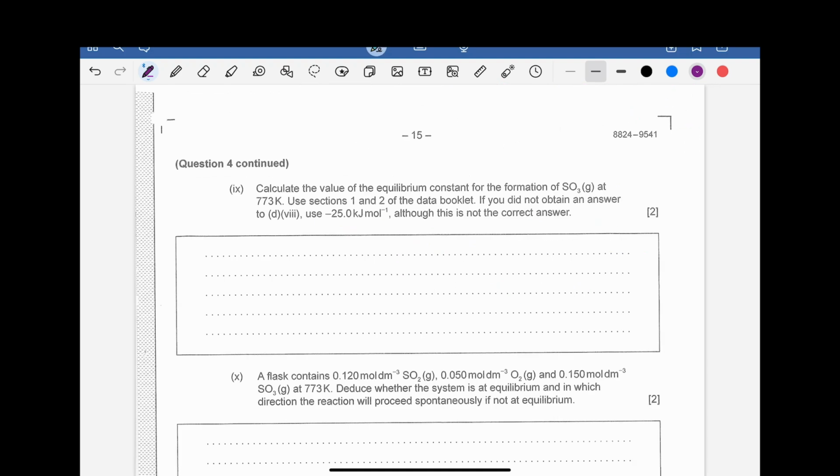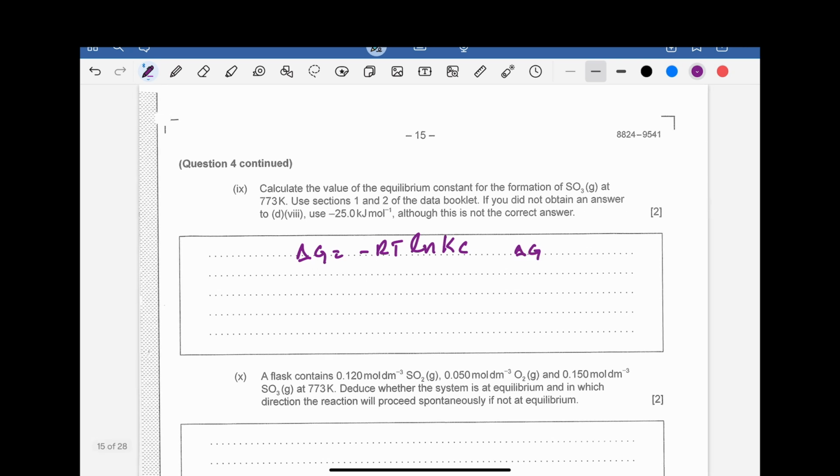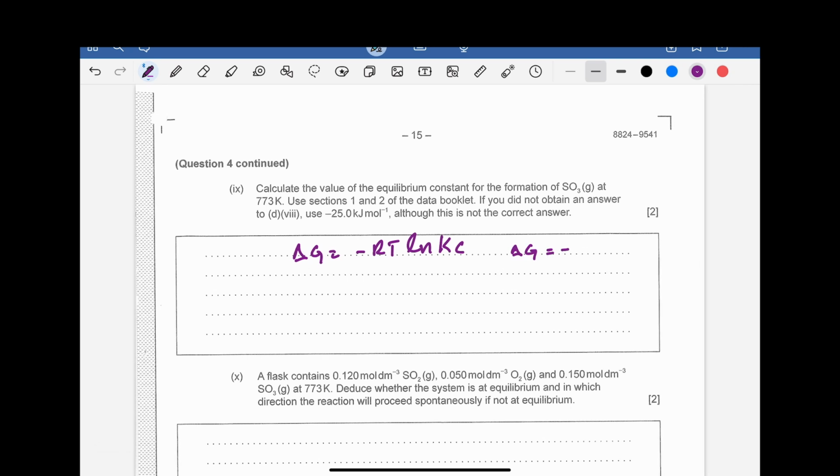Calculate the value of the equilibrium constant for the formation of SO3 at 773 K. Use section 1 and 2 of the data booklet. In section 1 of the data booklet, we have delta G is equal to minus RT ln Kc. We have worked out delta G in the previous question: minus 25.8 kilojoule.